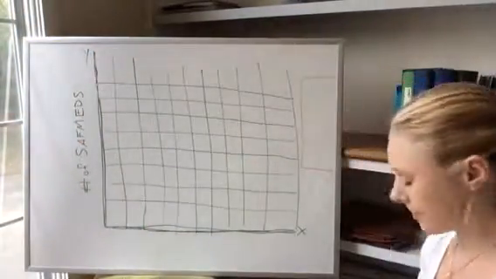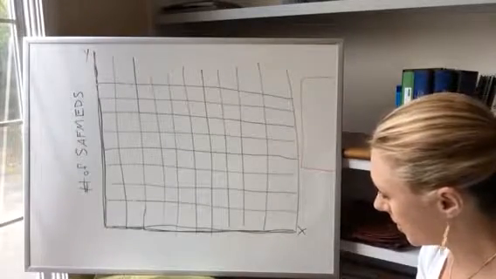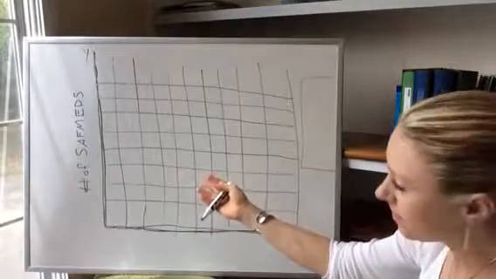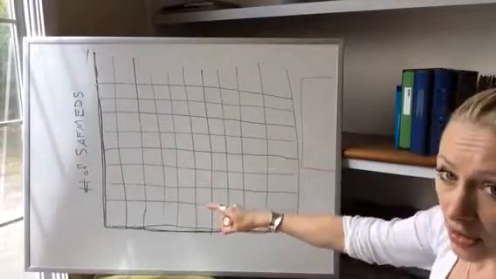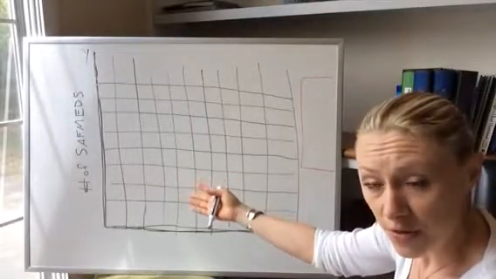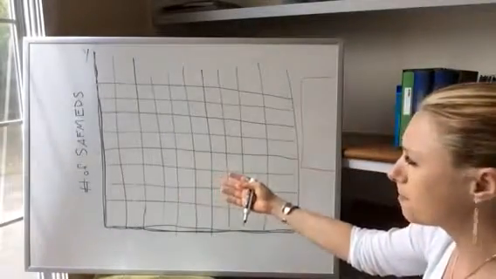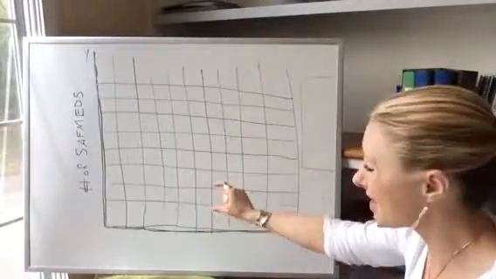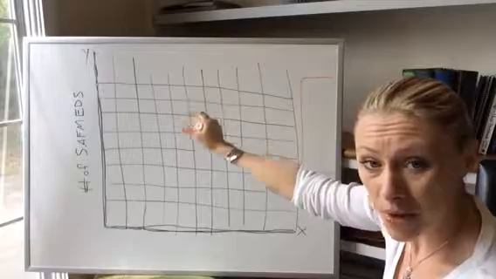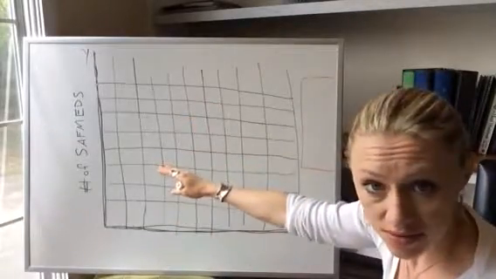Number of SAFMEDs. Perfect. Now, when you label a y-axis, this is called an equal interval chart as well as a line graph. There are a lot of different types of equal interval charts. But it's an equal interval because each interval is going to be the same measure. But it doesn't always have to go up by ones, okay?